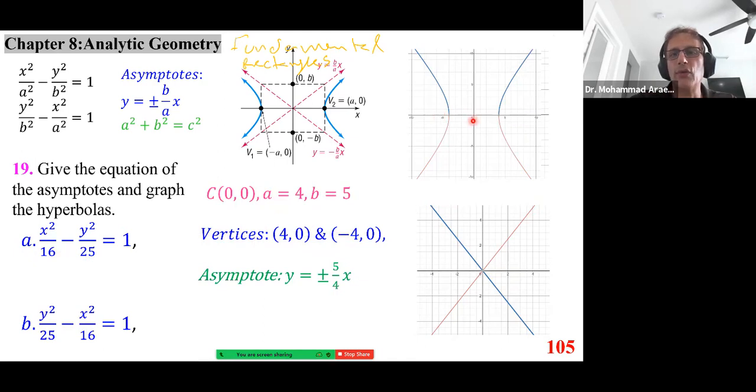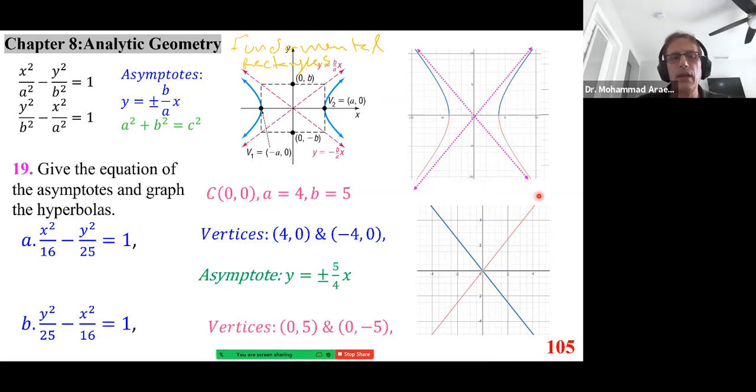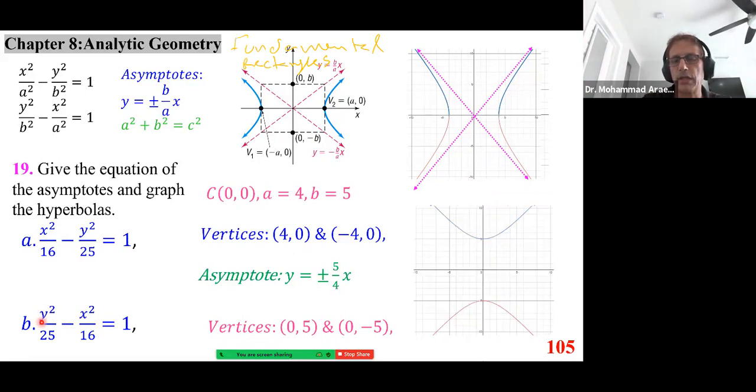By the way, we have those as dashed lines, okay, class? Dashed lines. In the second case, those are dashed lines too. The vertices open up and down because the coefficient of y squared is positive. Looks like that. And again, dashed lines.